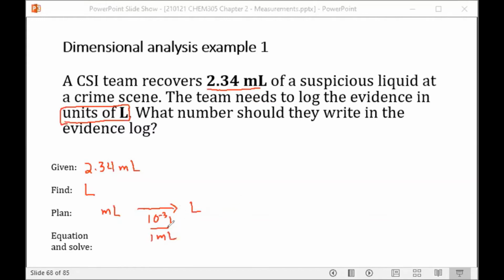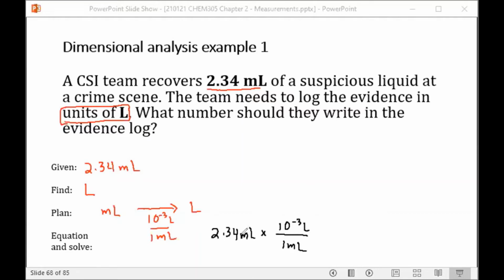And I know I want to set up that conversion factor ratio this way because I want milliliters to cancel out and I want to be left with liters, because that's what I want to find. So now I'm ready to solve. So I'm going to plug in my values: 2.34 milliliters times 10 to the negative 3 liters per 1 milliliter.